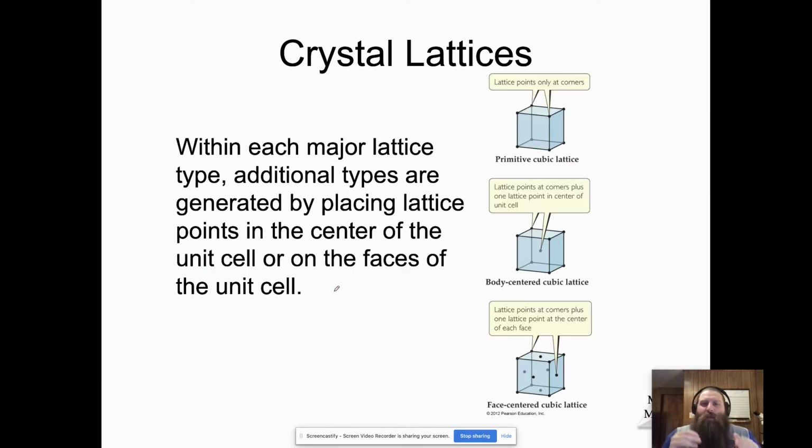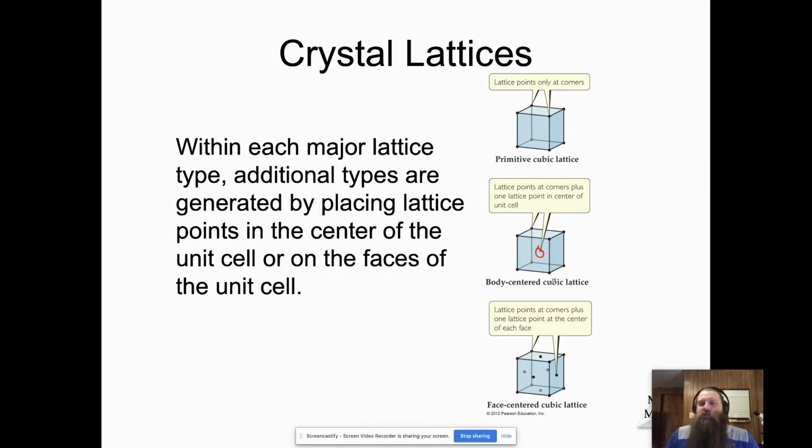Now, within each major lattice type, there are additional types that can be generated by where you add an additional lattice point. So if you put the additional lattice point in the center of the unit cell, then we get what's called a body-centered cubic lattice. If you put it on the face, then you have a face-centered cubic lattice. So what I'm talking about there are these little dots right here, right?